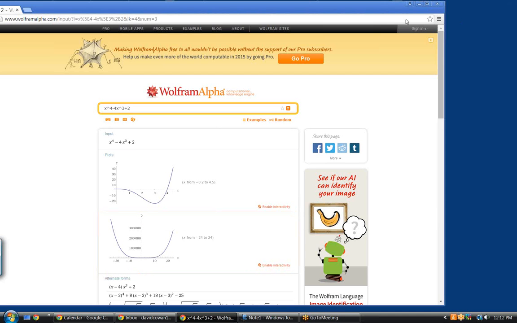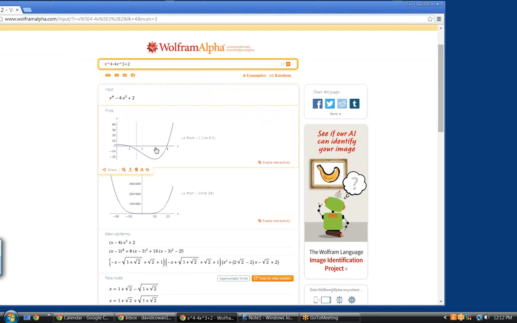In fact, let's just look at this for a second, because if you're not familiar with it, this is really worth checking out, everything that they give you. They give you this scale, which you can see, shows it up close. They give you this scale, which the y is expanded by like a factor of 1,000, and the x by a factor of 10.